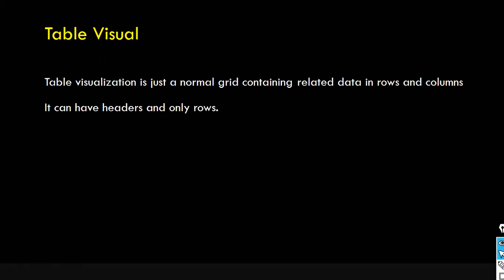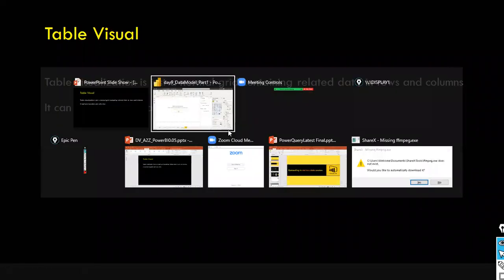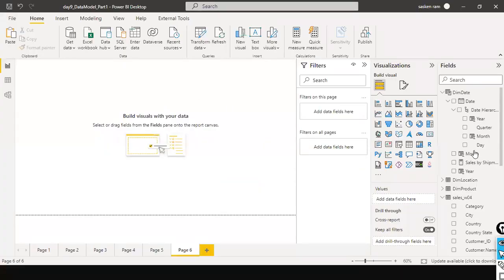So how the data gets stored, you can display the data in rows and columns. It can have headers and only rows. Okay, you cannot have columns here.